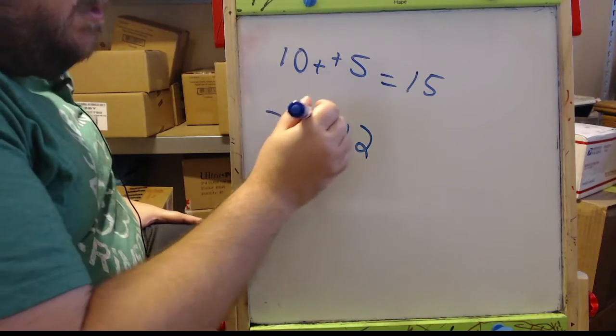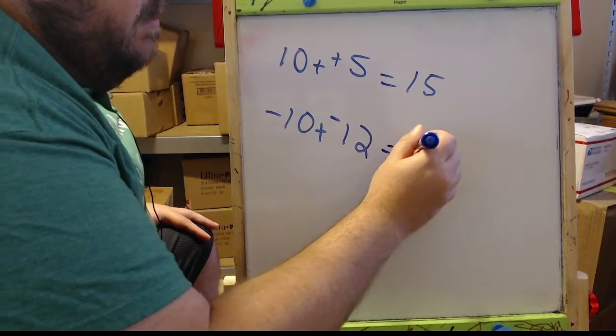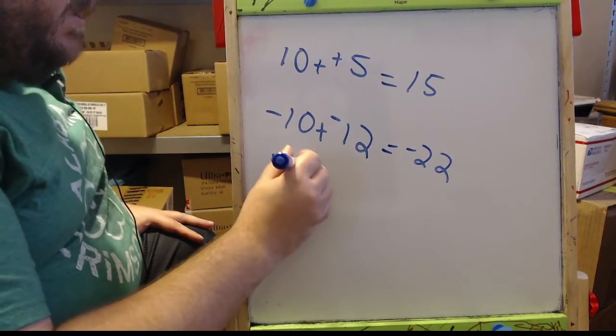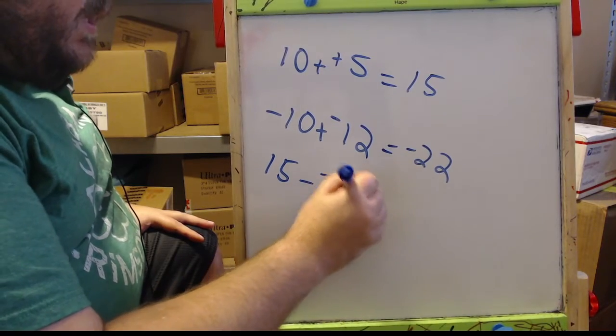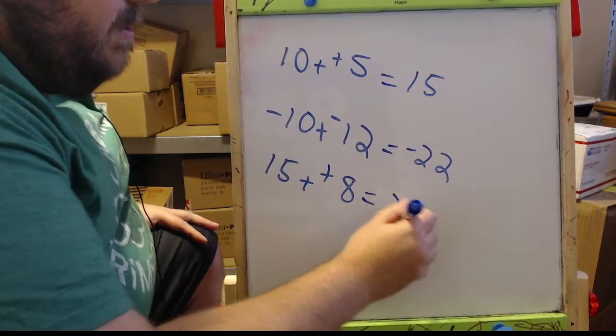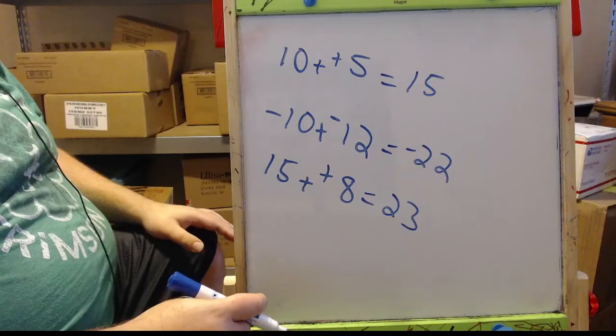Once there's an integer, change the sign, and that's going to be negative 22. 15 minus a negative 8 is really going to be 23.